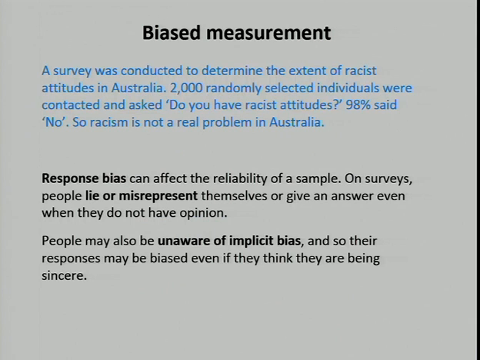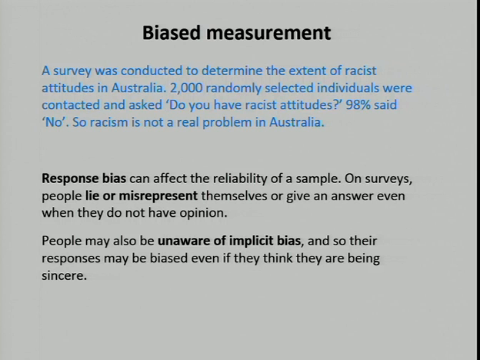Last thing, let's say all of that has been taken care of. Let's also say that you have people that think they are honestly, sincerely answering a question. They're not consciously lying. You might still get something like 98% of people saying that they're not racist. If you're a cynic or even just a realist, that doesn't sound right.